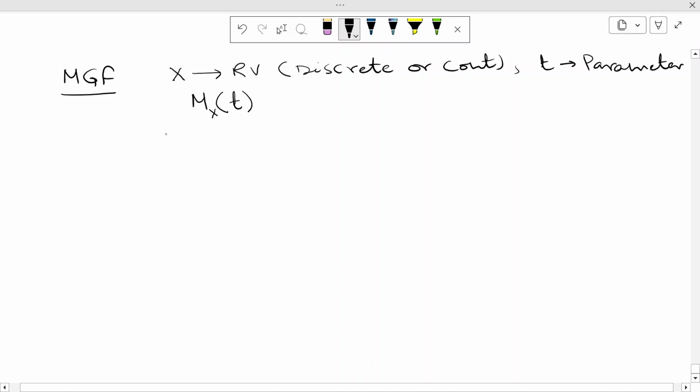It can be obtained simply by finding the expectation of e to the power tx.